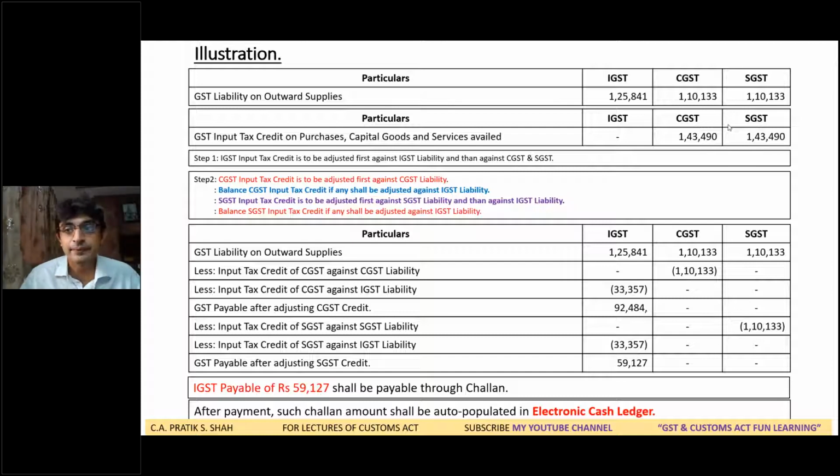Try everyone. Come on, try everyone. Yeah, Apurva, very good. You need to calculate the GST liability.